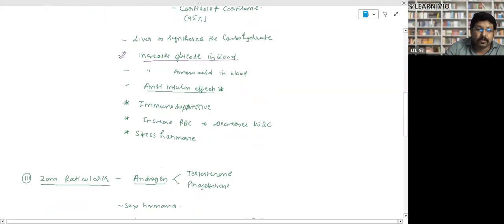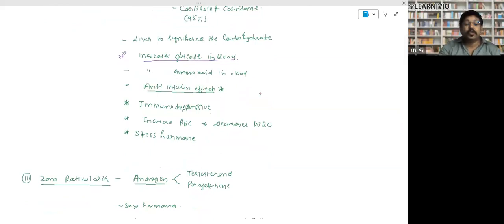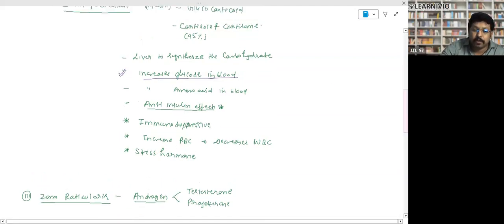They increase amino acids in the blood. They have an anti-insulin effect, meaning the effect against insulin. They are immunosuppressive, meaning they suppress the immune system. They increase RBC and decrease WBC count, and they are also known as the stress hormone, right? So the function of cortisol and cortisone is very important.